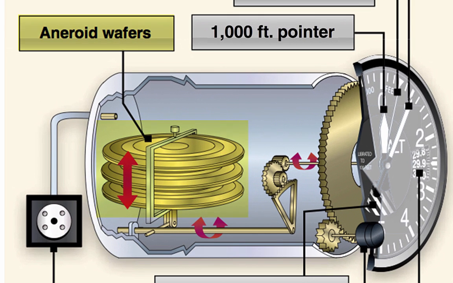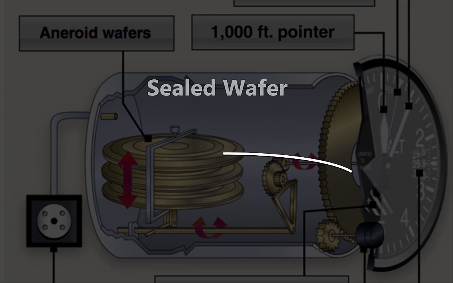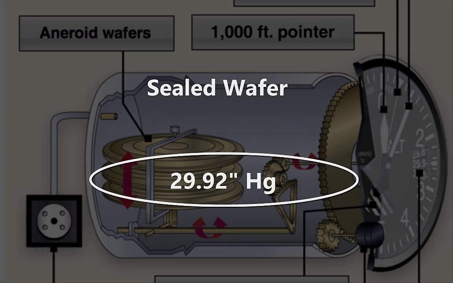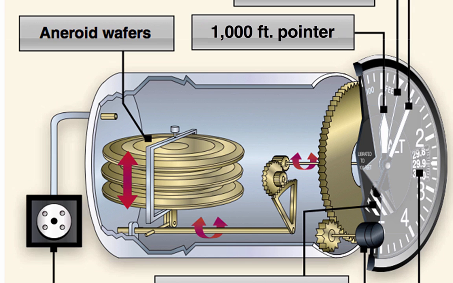A stack of sealed aneroid wafers comprise the main component of the altimeter. An aneroid wafer is a sealed wafer that is evacuated to an internal pressure of 29.92 inches of mercury. These wafers are free to expand and contract with changes to the static pressure.